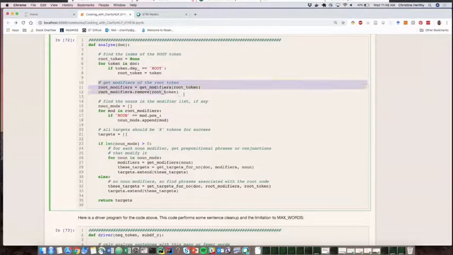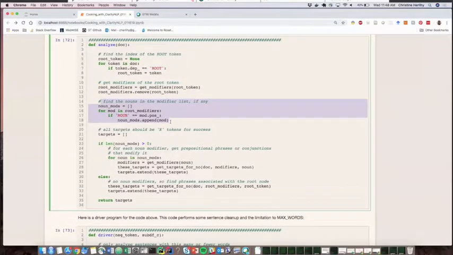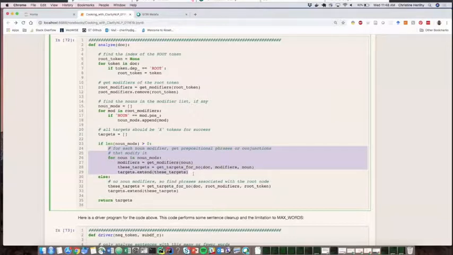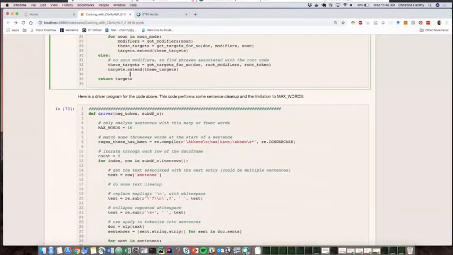Then we scan the list of modifiers and find any nouns that we can find. And then if we do find nouns, we get the modifiers of those nouns and then see if a preposition is present, and if so, look for prepositional phrases or conjunctions. Or if no nouns are present, we then just get the targets for the node that we find. So pretty simple.